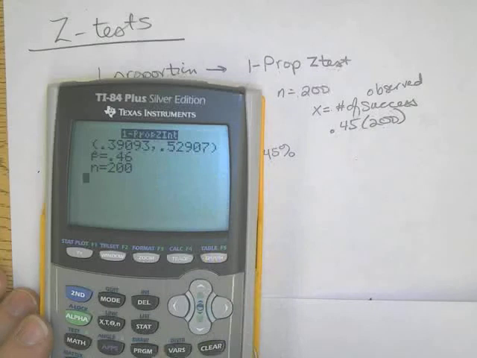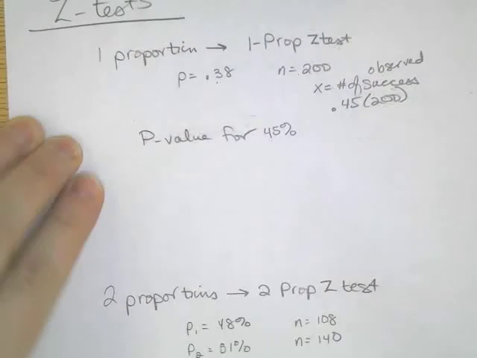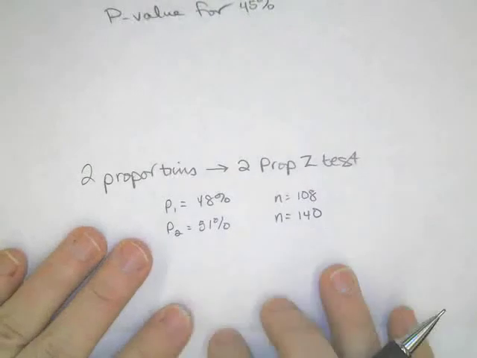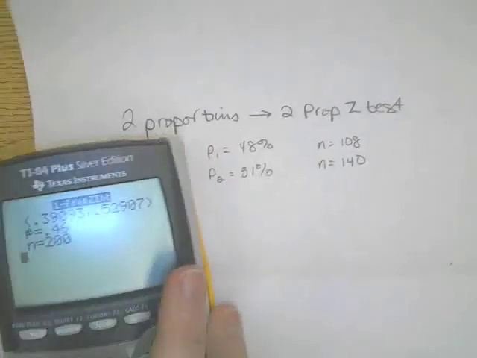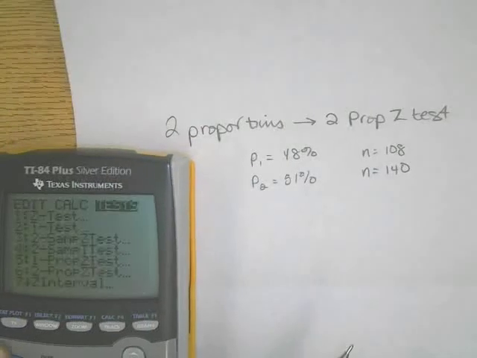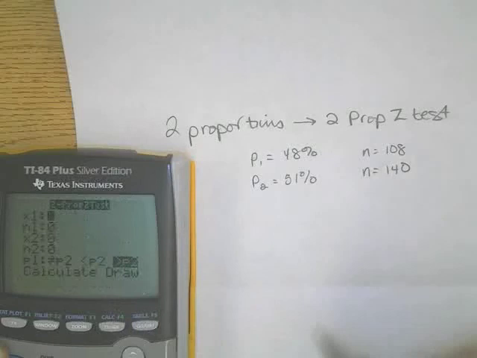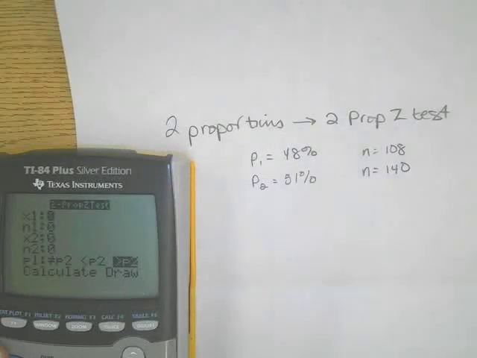All right, and so now the next thing is if you have a 2 proportion, and really what happens here is it's the same thing, but you have to choose the 2-proportion z-test. So 2-proportion z-test, which is number 6. x1, that's going to be my expected here. So let's say 0.48 times 108.